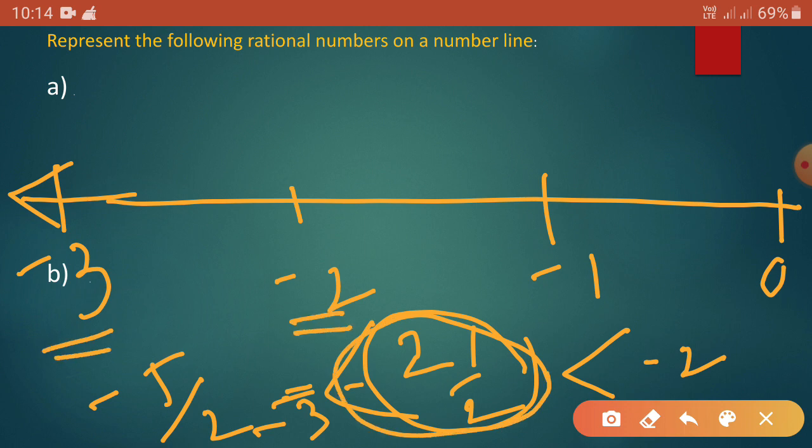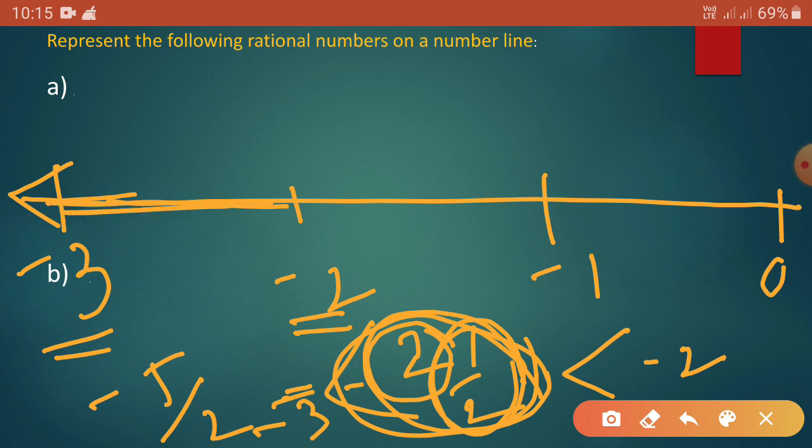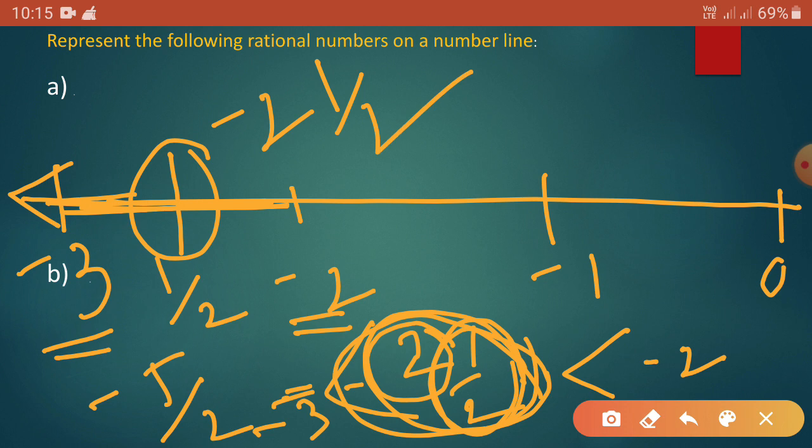The whole part is 2, so it will start after minus 2, and then 1 by 2. 1 by 2 denotes that we have to divide this segment into two equal parts. If we cut in the middle, then we will have two equal parts on both sides. So now this part will be 1 by 2. This line on the number line represents the rational number minus 2 1 by 2. Got it?